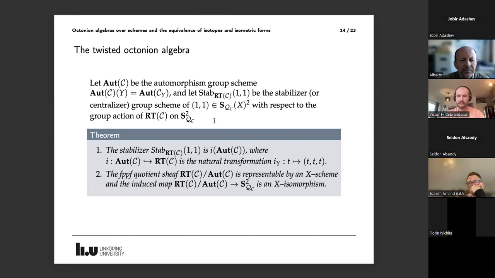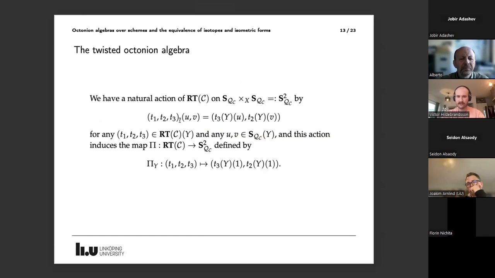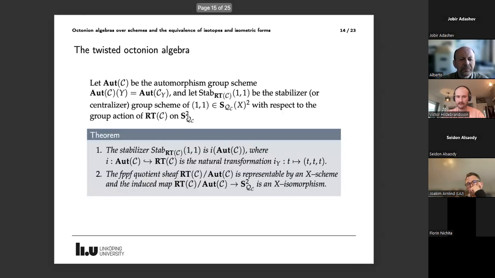So it's the set of triples which act on this point 1, 1 and give us again the point 1, 1, or the element 1 rather.